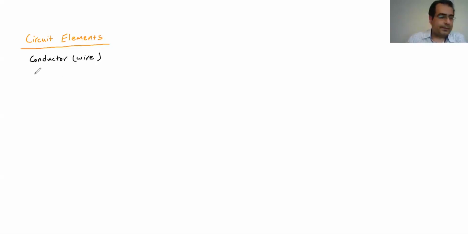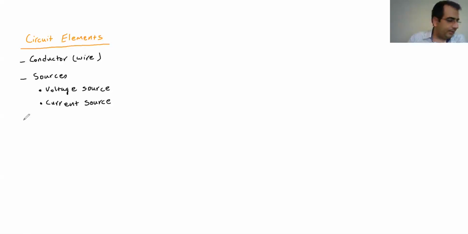Then we have the sources, which might be a voltage source, or it might be a current source. And then we have the resistor.